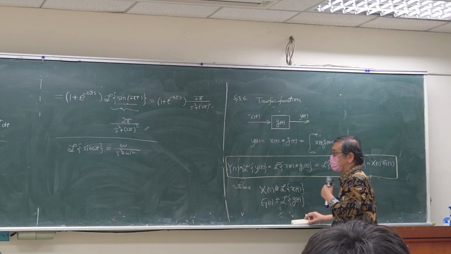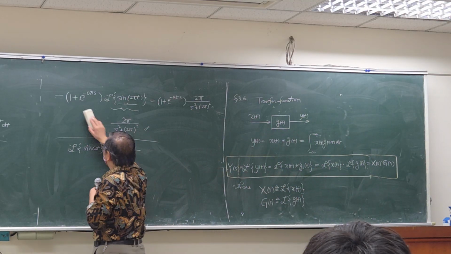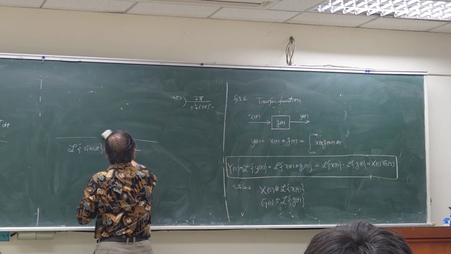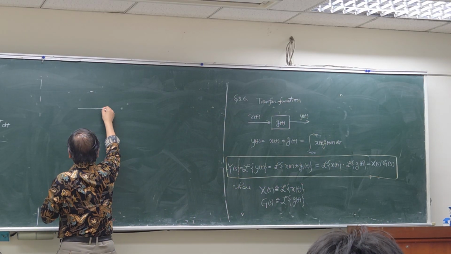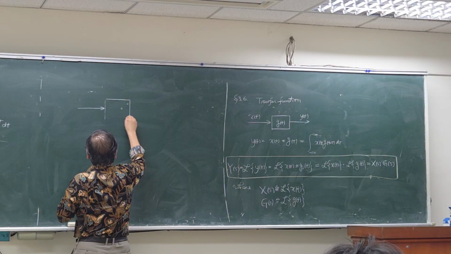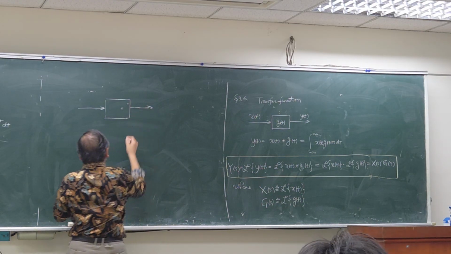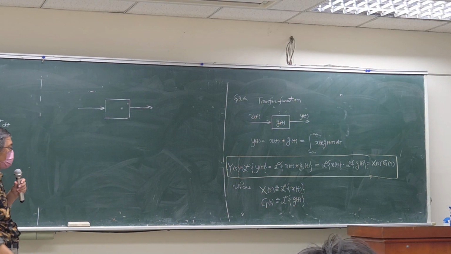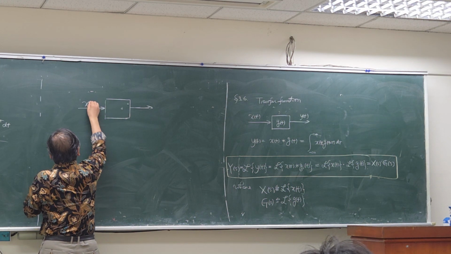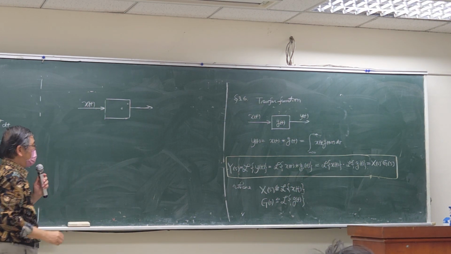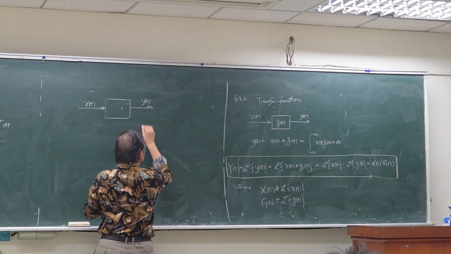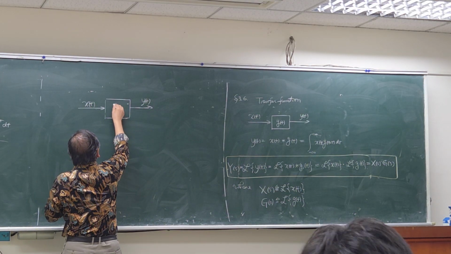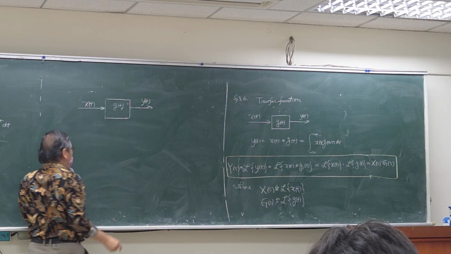So symbolically, we use this kind of block diagram many times. In the time domain, the input to the system is x(t) and the output is y(t). Okay, right?